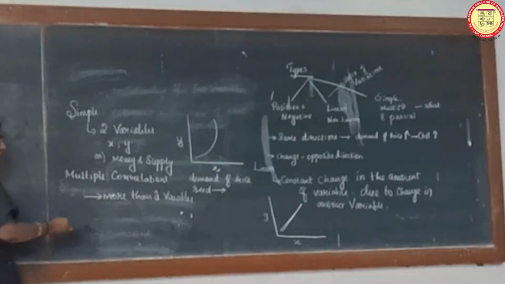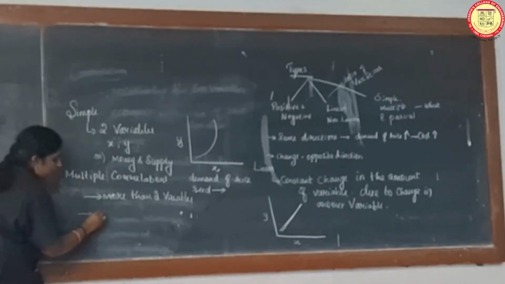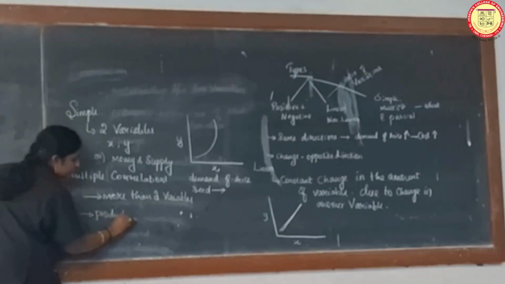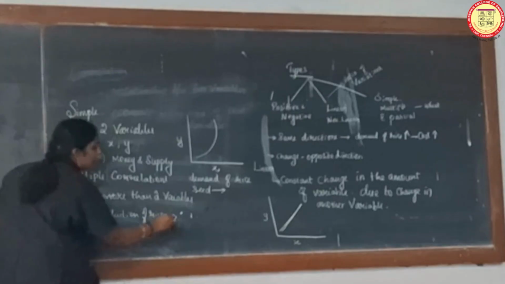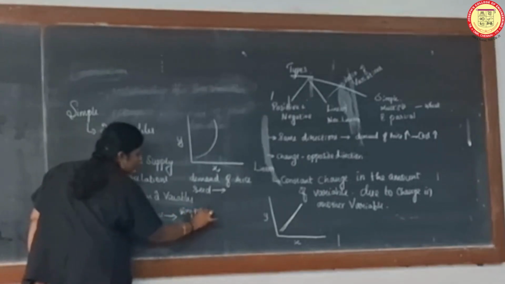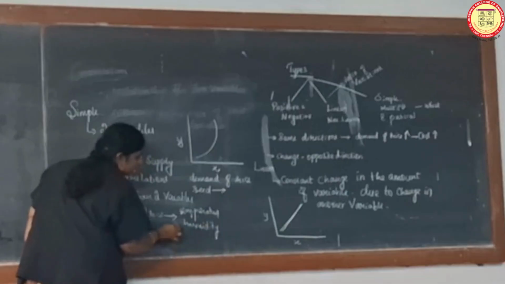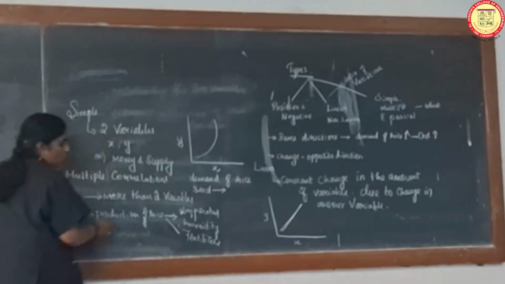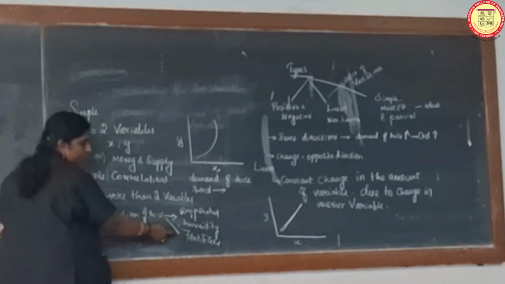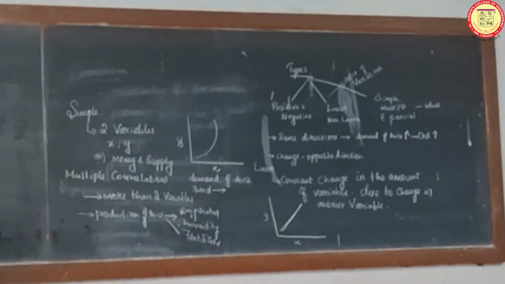For example, one variable is the production of rice, which depends upon the temperature, humidity as well as the fertilizers. So one variable depends upon multiple variables. So you are going to use more than two variables. It represents the relationship between the multiple variables, and that type of correlation is called a multiple correlation.